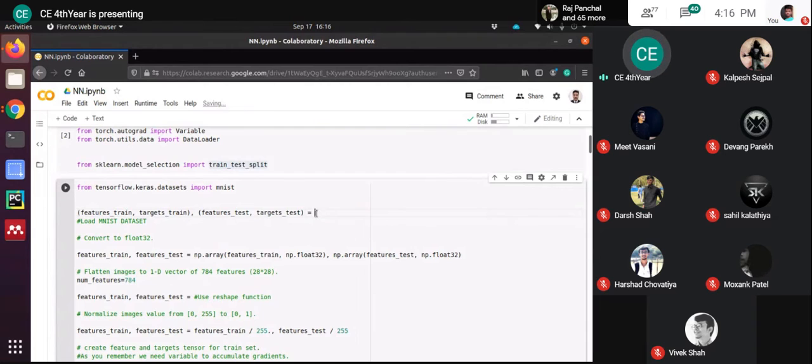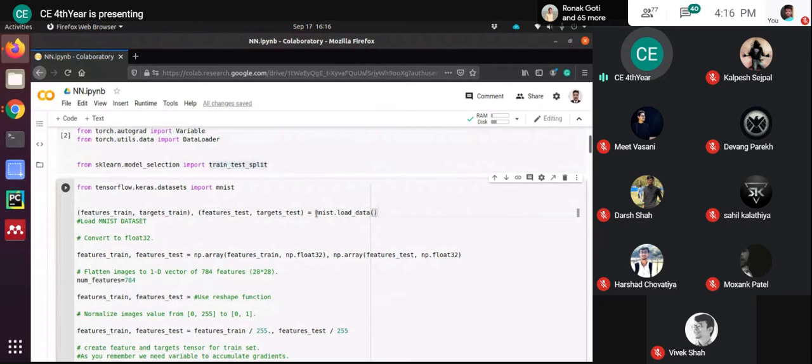Okay, so to load this MNIST dataset, we have the images as input, and we have feature train, target train, feature test, and target test.